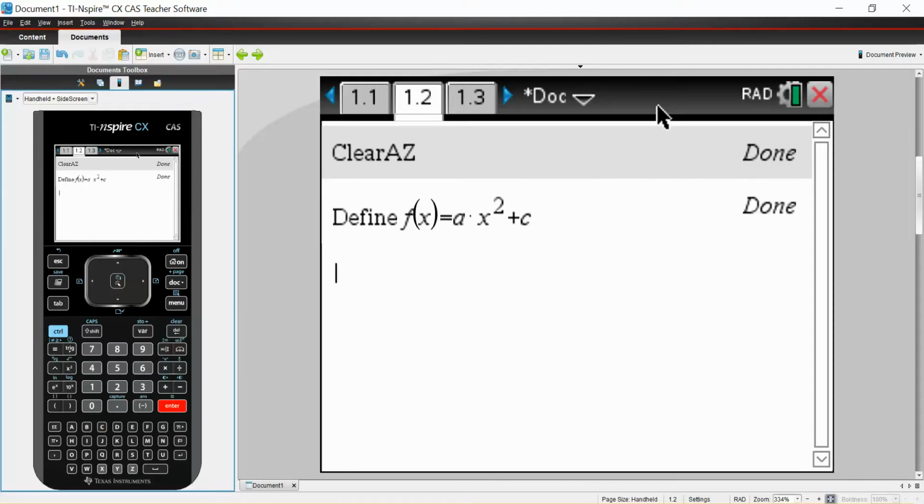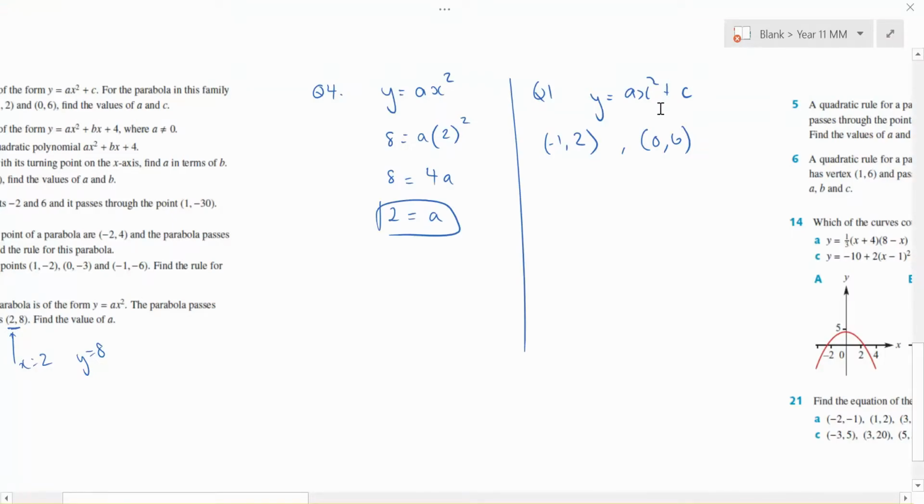What we would have done is when x is -1, y is 2. What you would normally do is you sub -1 in and say, okay, so -1 squared times a plus c has to equal the y value, which is 2.